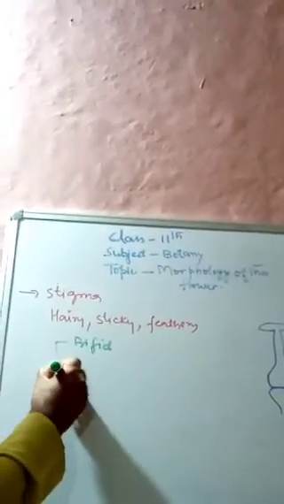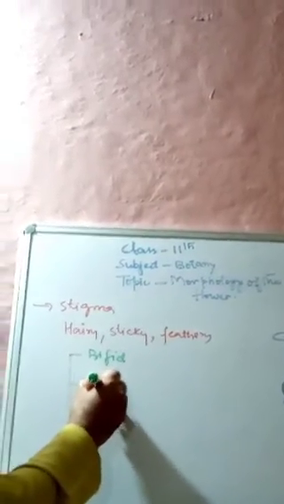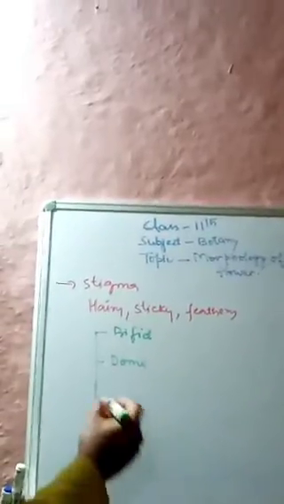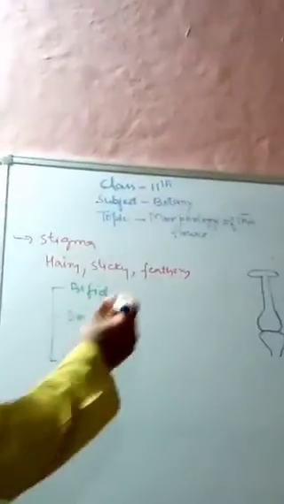The second we have is dome shaped. The third is called plumose. Bifid means two elongated parts, and it is the characteristic feature of the family Compositae.